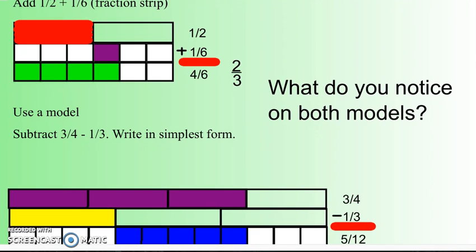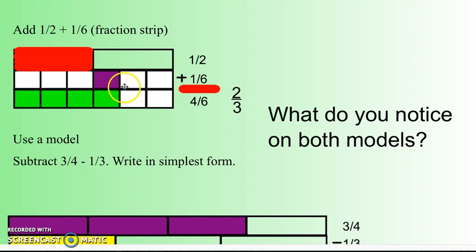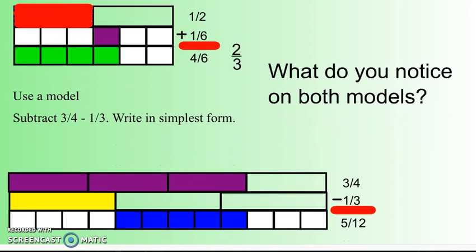And then our next rectangle had 6 equal parts because that is the denominator of that fraction. And we noticed that a half can be separated into 3 equal parts and 3 equal parts to get our 6. Okay, so they have 6 in common.